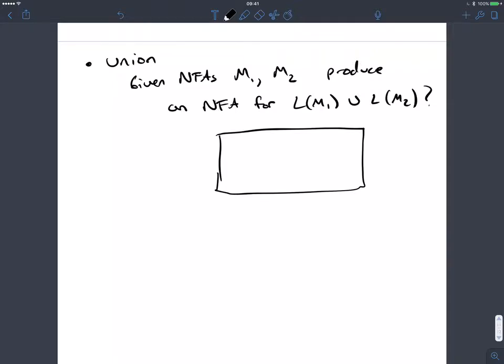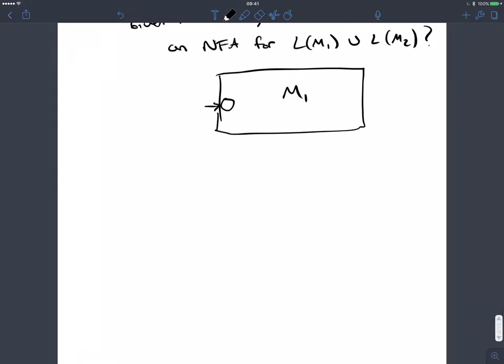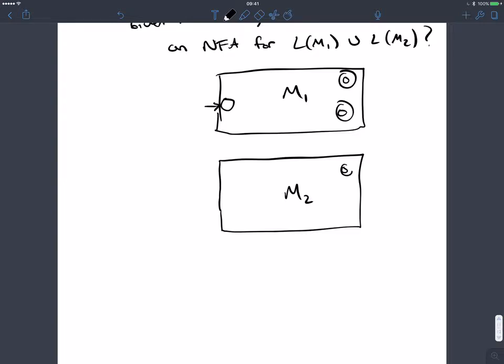I know that they have some start state for each of them. So let's say that that's the start state of the first machine, M1, and this is the one for M2. And maybe this one has 2 final states, maybe this one has 3. I don't know in general, but I know that they have a start state. And that's actually going to be the only thing that matters here.